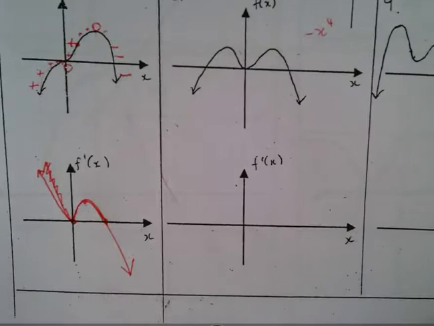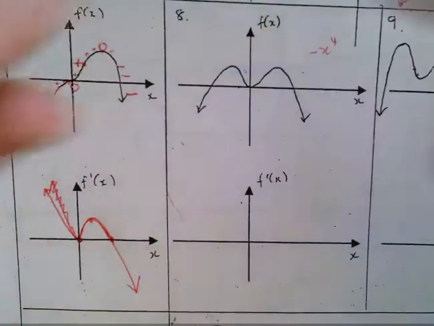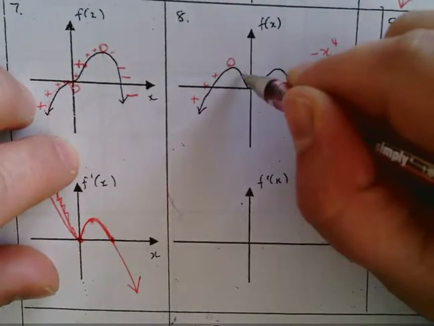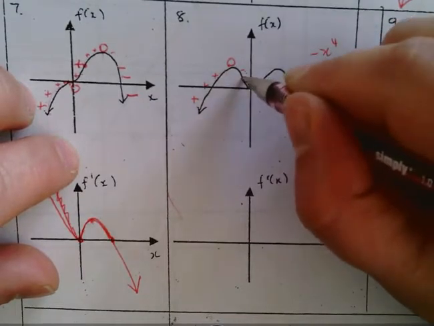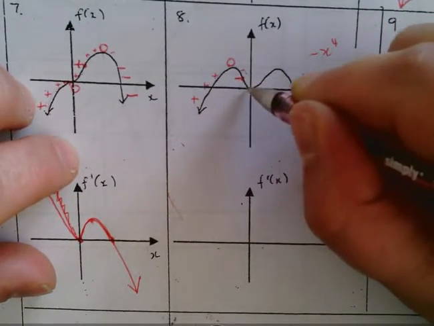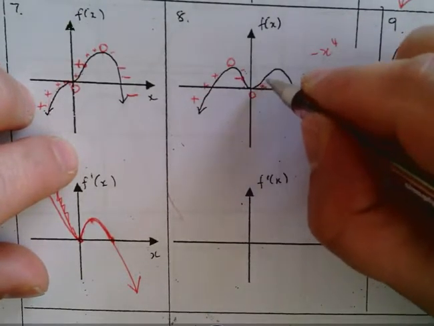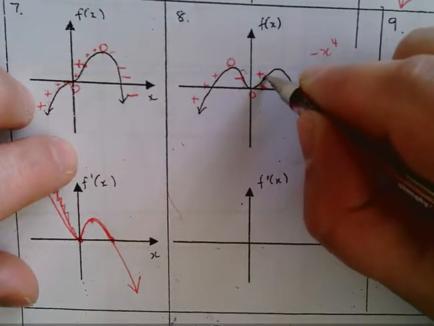All right, this one. Let's mark out the gradients. Positive, positive, positive, 0. Negative. Guys, look, concave down, concave up. You're going to have a maximum negative about there. Negative, 0. Positive. Look, concave up, concave down, a maximum positive about there.